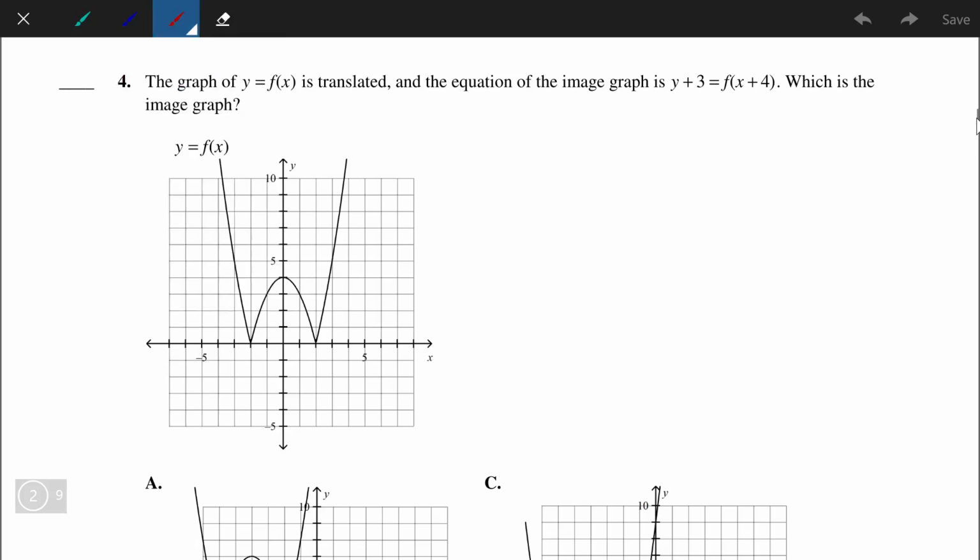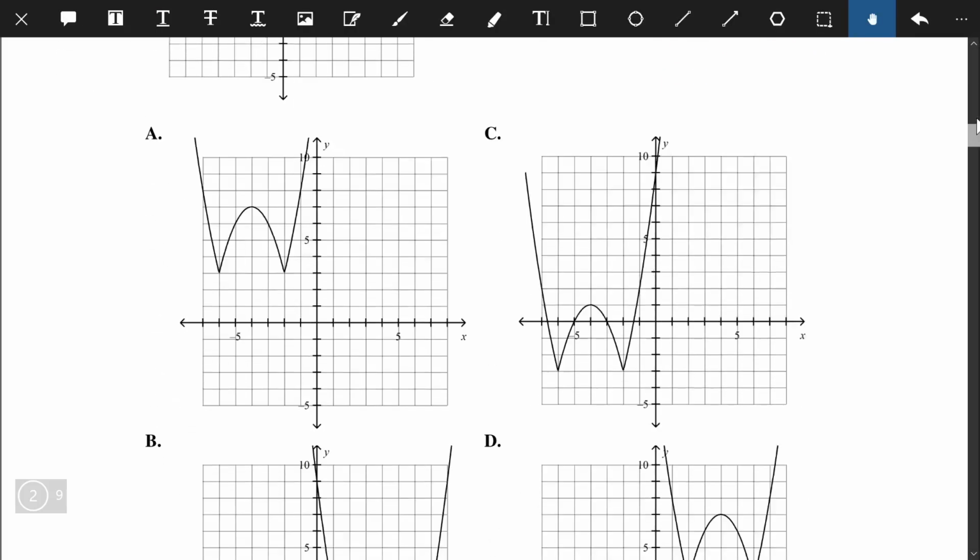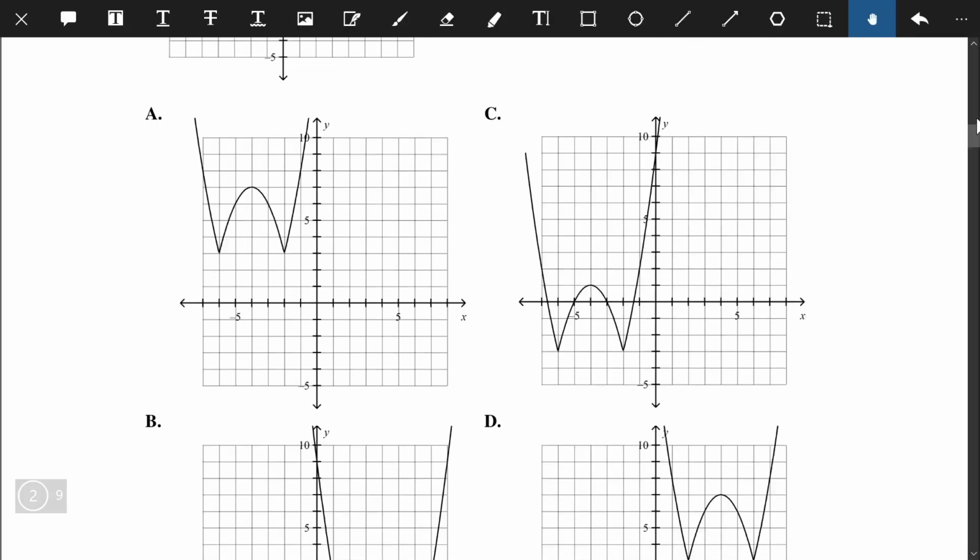So we can see here that the graph was moved down 3 spaces and also left 4 spaces. And if we look at all 4 of the graphs, the only one that matches the correct description is C.